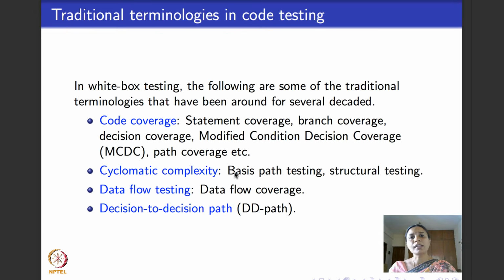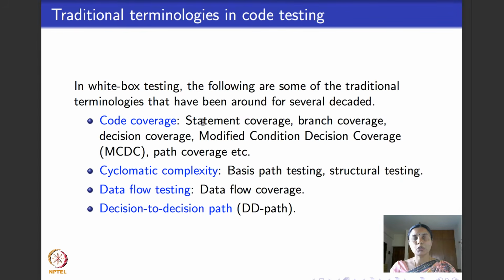So, what are some of the classical terminologies that we will be looking at and relate them to graph coverage criteria? You might have heard some of these terms when it comes to white box testing. Because we are looking at code and at structural coverage of code, we are within white box testing. In white box testing, one popular terminology is code coverage, which means you cover the code in some way or the other.